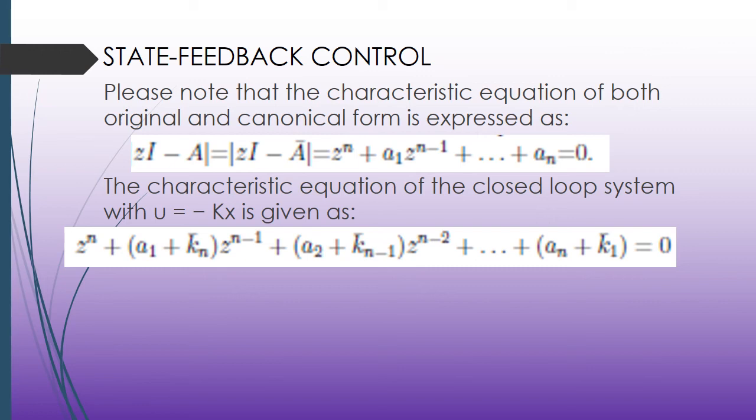So the characteristic equation of the closed-loop system with u equal to negative K̂x̂ is given as z^n plus (a_1 plus k_n) z^{n-1} plus (a_2 plus k_{n-1}) z^{n-2} plus until plus (a_n plus k_1) is equal to 0.